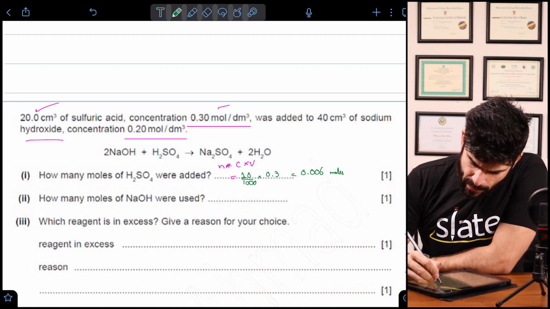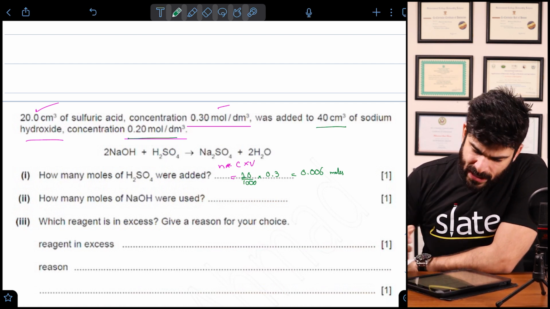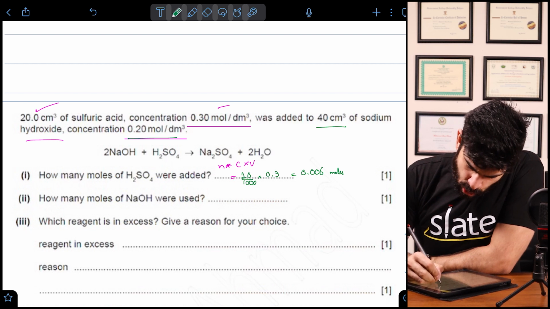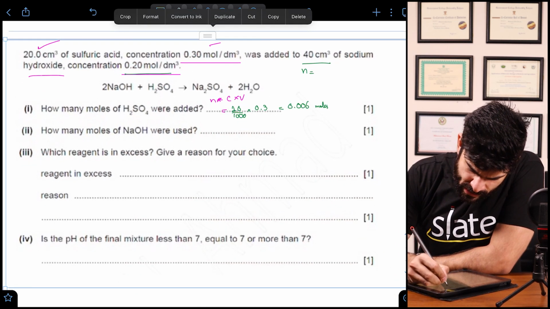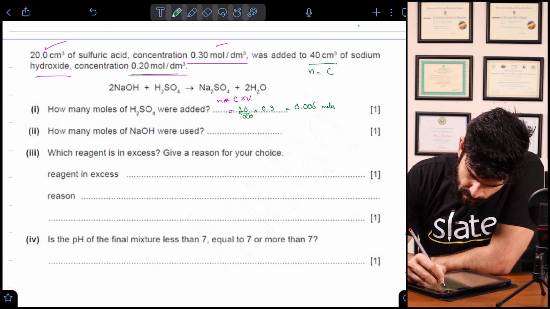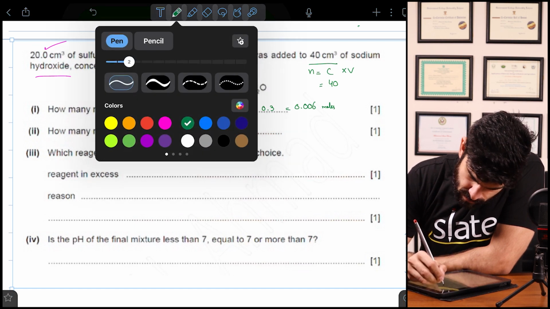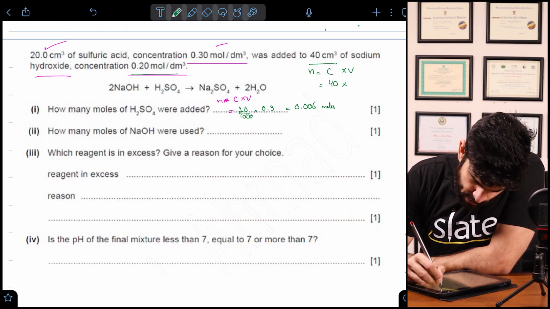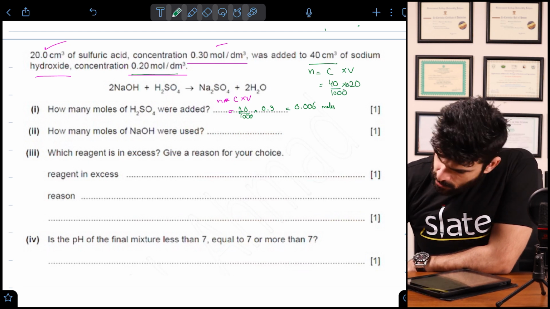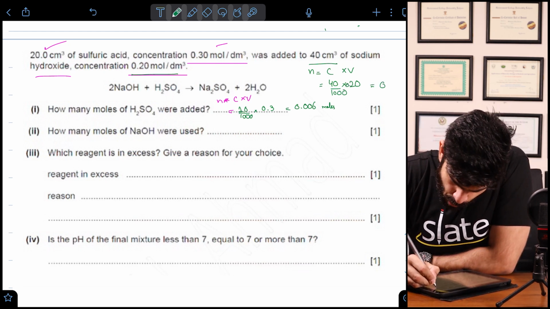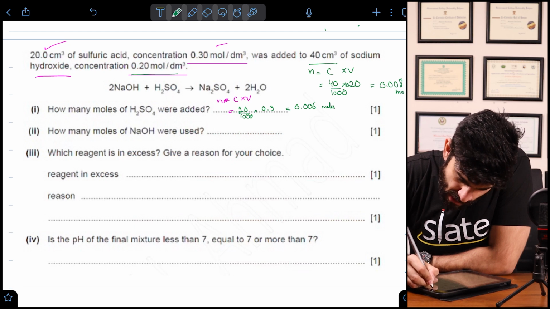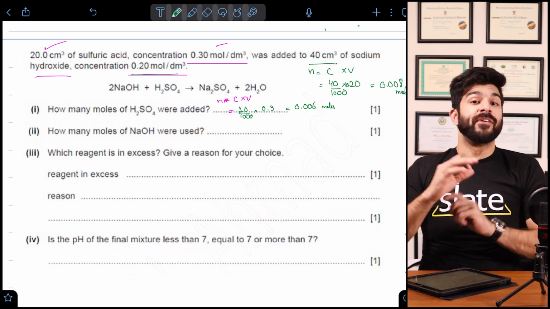First, let's calculate the moles of NaOH that were provided to us. So here again, n equals C into V. So 40 into 20, 0.02. So that makes it 0.008 moles. These were the moles of NaOH which were given to us.